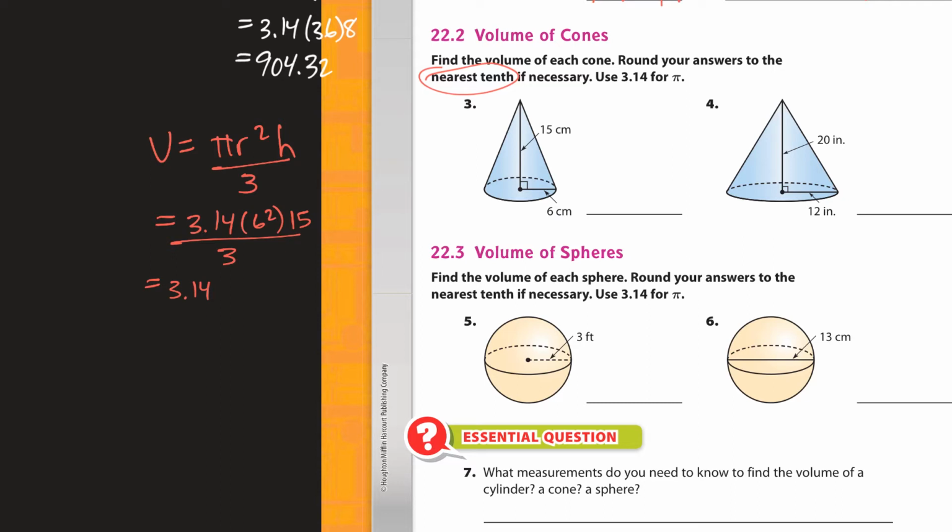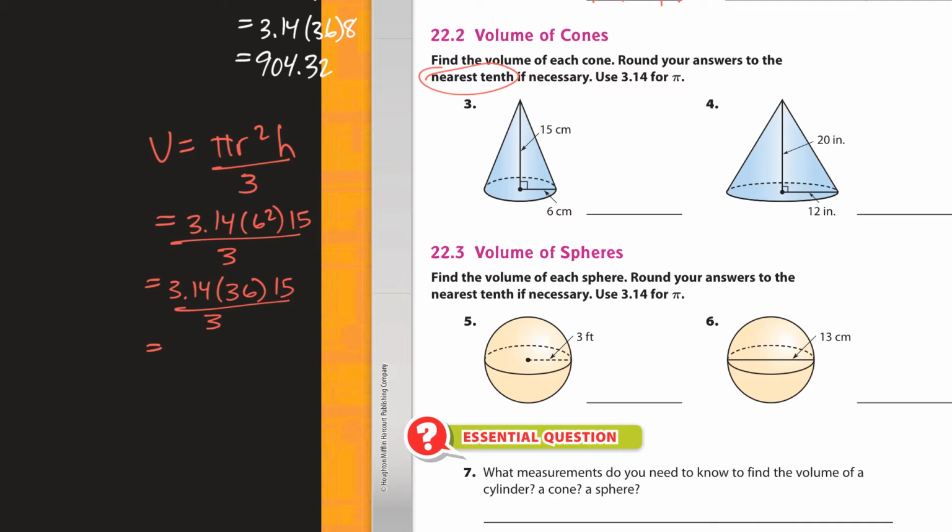3.14, 6 squared is 6 times 6, which is 36, and then you have to multiply by 15, and then divide by 3. As a quick tip here, I could see that this is 15 divided by 3, so I could make that 5. So it could be 3.14 times 36 times 5. Maybe I won't do that, though. But you could do it. It would still work.